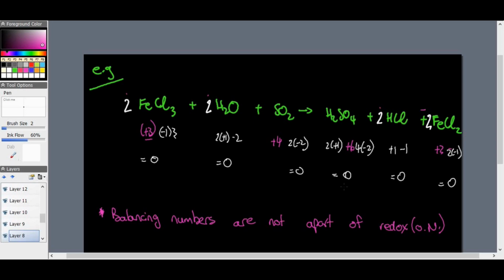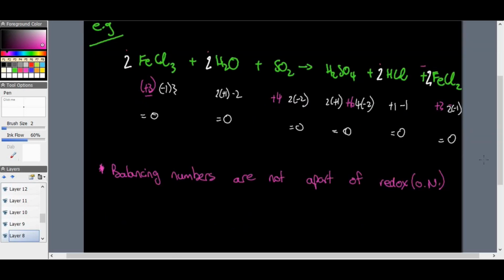Now this is different from our previous two equations, because in those we saw that there was no change. But what did we notice here? The first change is that iron went from positive 3 to positive 2. The second is that sulfur went from positive 4 to positive 6. One substance decreased in oxidation number, whilst the other increased. So what can we conclude about this equation?